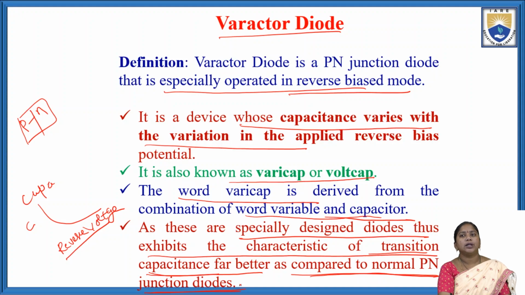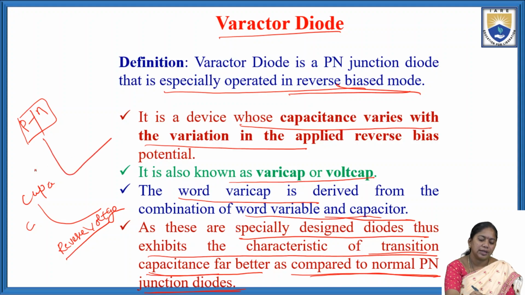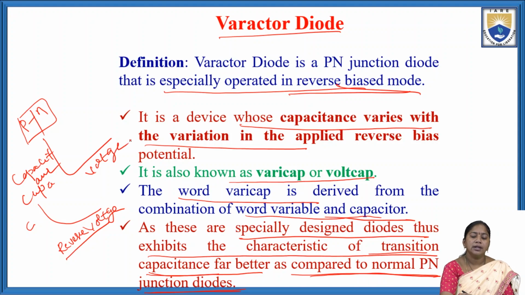So a varactor diode is a PN junction diode that is specially operated in the reverse bias condition. With capacitance on the y-axis and voltage on the x-axis, the capacitance varies with the applied reverse bias voltage.